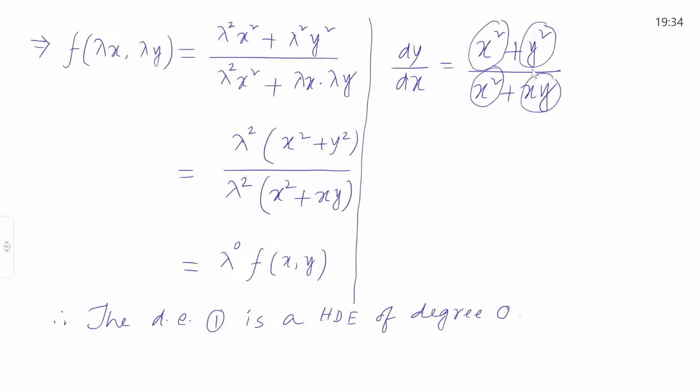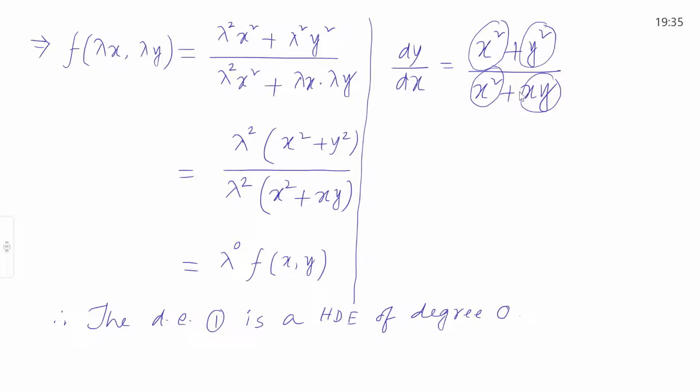So if the total power of x and y is equal in every term, you understand that the differential equation is a homogeneous differential equation. Notice here, there is no y, so the power is 2 in total. Here there is no x, so the power is 2. Here also 2, and here x power 1, y power 1, multiplied, so the total power is 2. So here 2, 2, 2, 2, all powers are equal in each term of the differential equation.